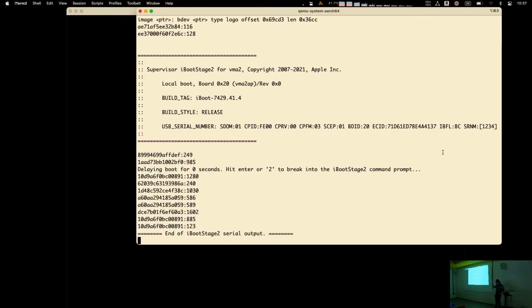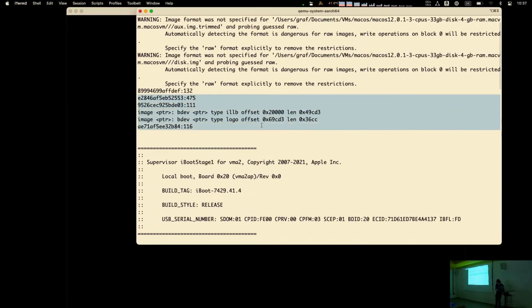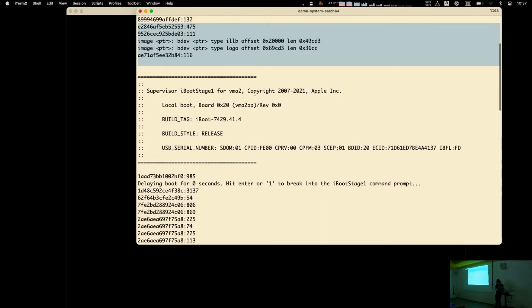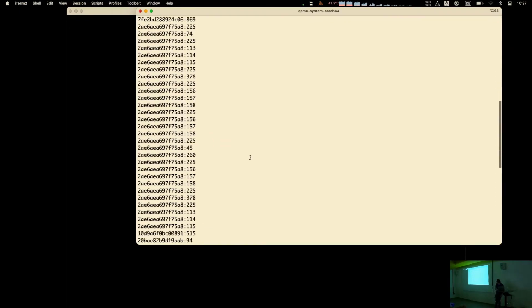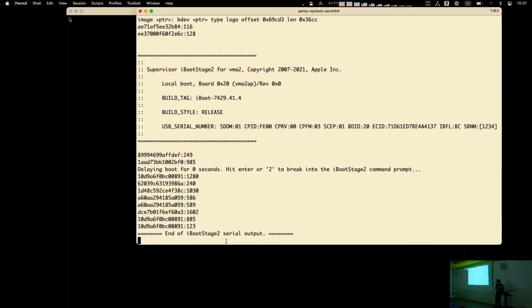But you see iBoot coming up, right? Over here is the AVP booter printing some debug info. Then you have iBoot stage 1, print some debug info, iBoot stage 2, print some debug info. And down here, the XNU kernel is starting. I did not configure this VM to emit serial output from XNU, otherwise you would also see that there.